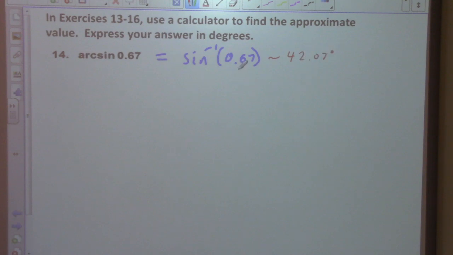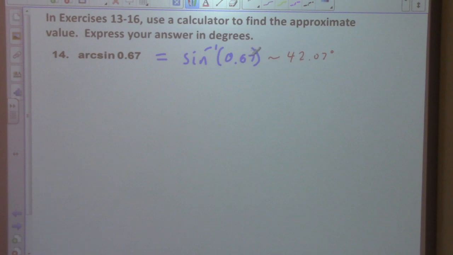And that's going to be about right because it's going to be a little less than 45. 45 would be inverse sine of square root of 2 over 2.